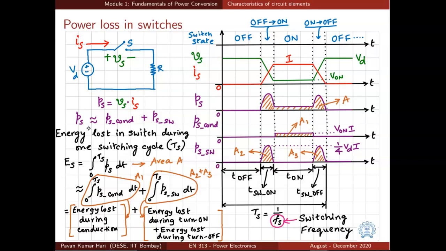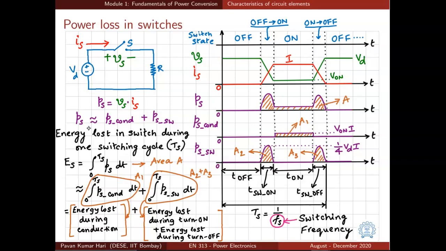Now this integral of 0 to Ts of Ps dt, which is the area, is the sum of three areas, A1, A2 and A3. Area A1 corresponds to the energy lost in the switch during conduction, during the on state, and the sum of areas A2 and A3 indicates the energy lost during the switching transitions.